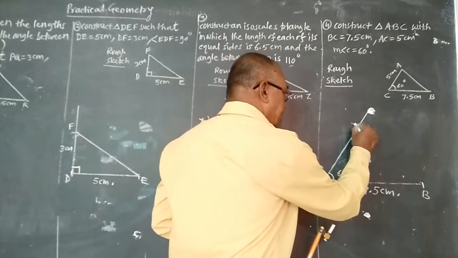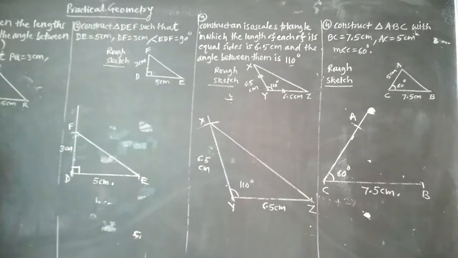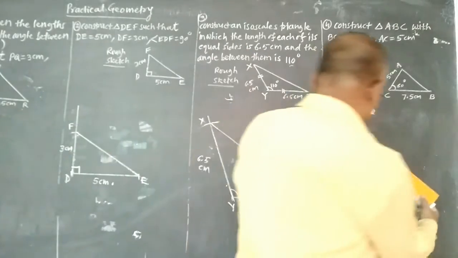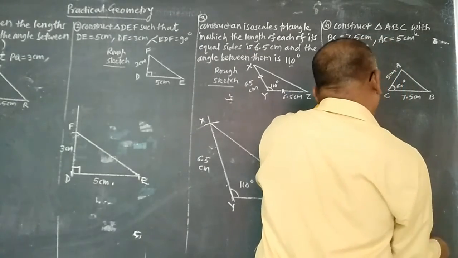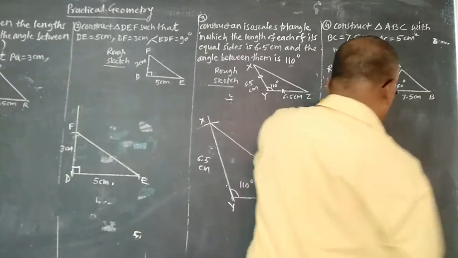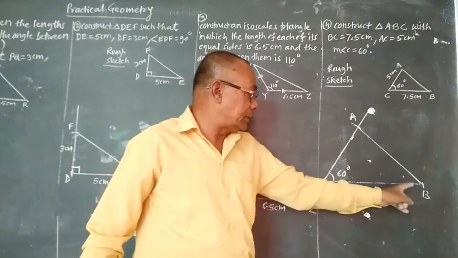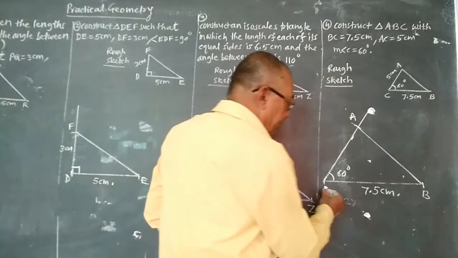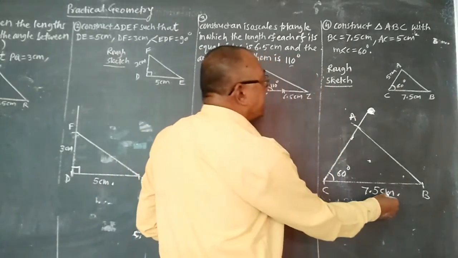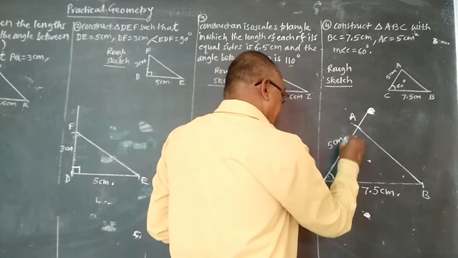This point is A, and now join A and B. By joining A and B, we get the triangle ABC, in which BC is equal to 7.5 centimeter and AC is equal to 5 centimeter.